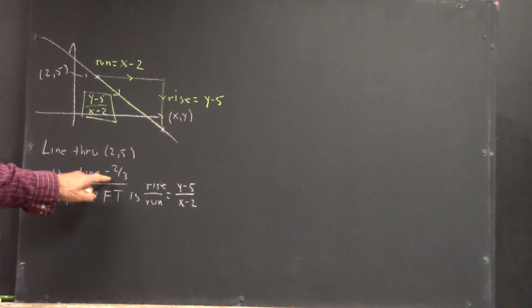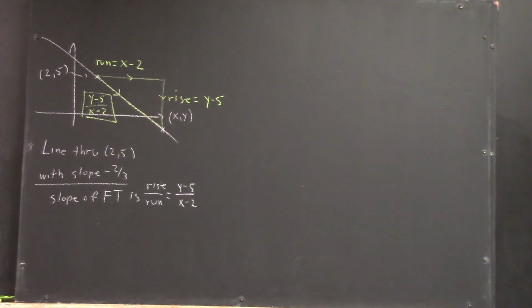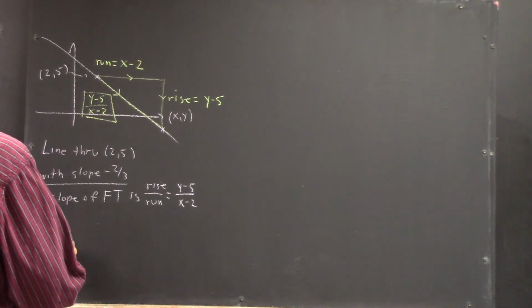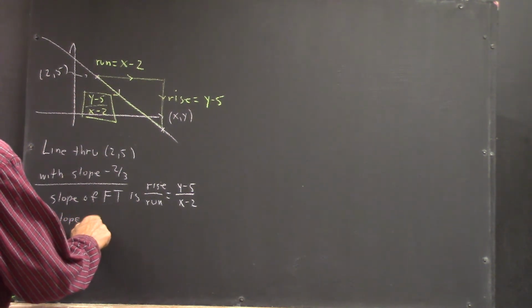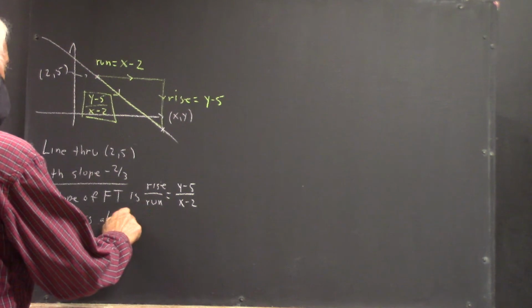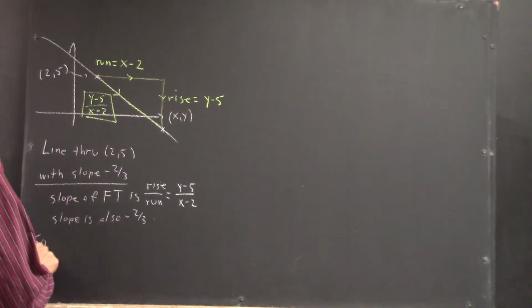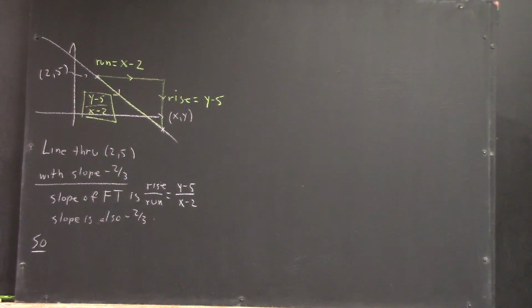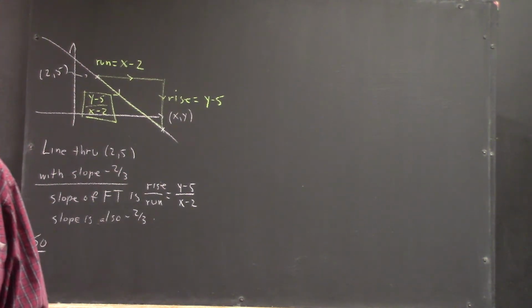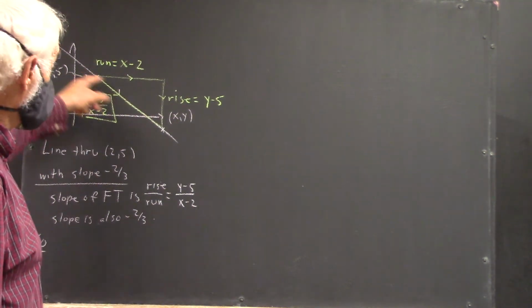Well, we also know the slope is negative 2/3, right? So big deal here. We have 2 expressions for the same thing, right? Negative 2/3 is certainly one of them, but you don't get negative 2/3 from this picture.